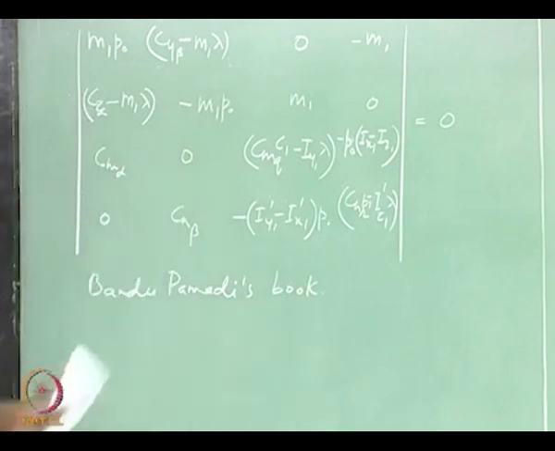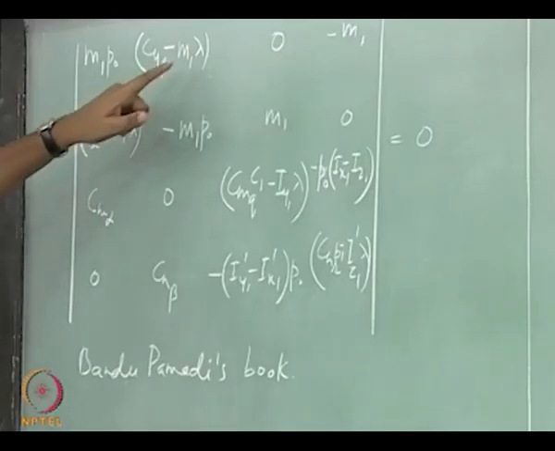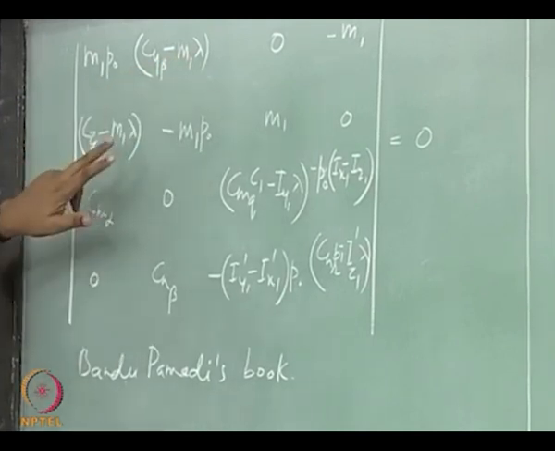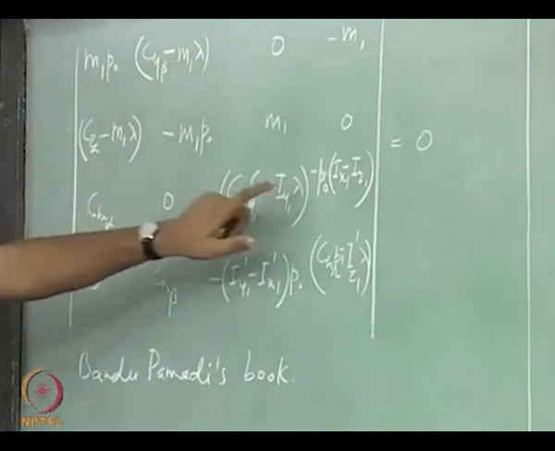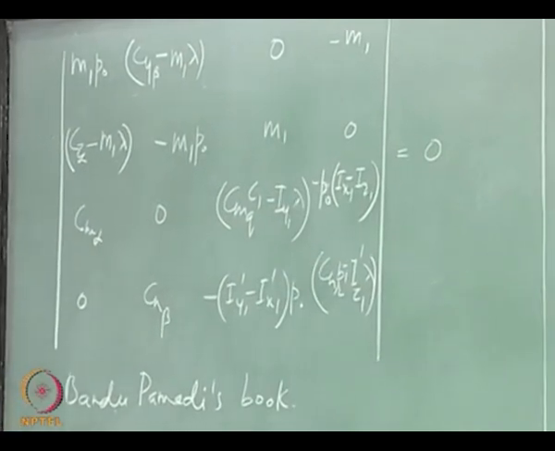If you want to know more details on this, you can look into the book. Okay, so this matrix consists of lambda, 4 lambdas, right, 1, 2, 3 and 4. So, we are going to end up with a quartic equation in lambda.